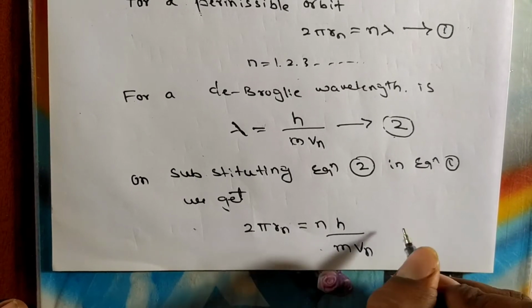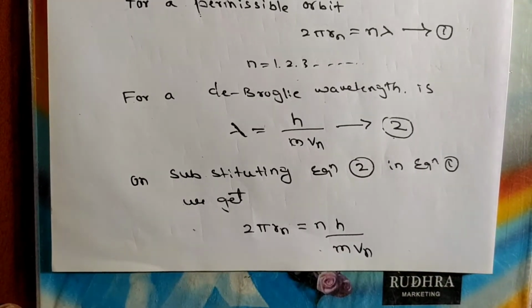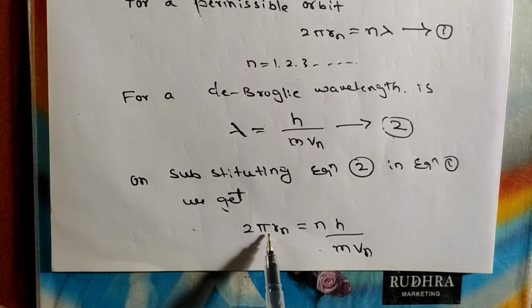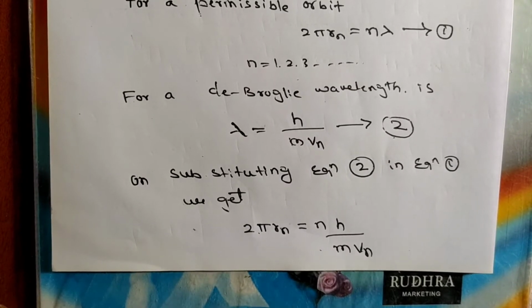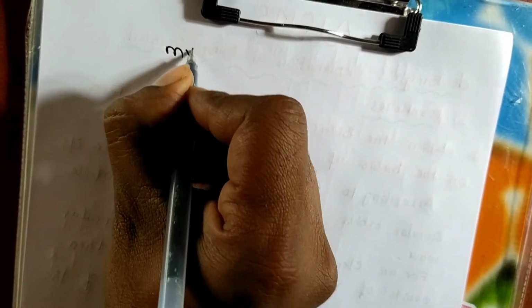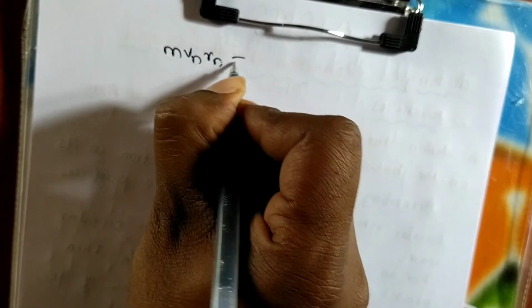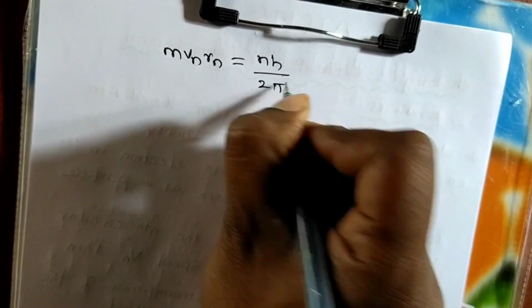Next you take this vn this side, mvn this side, and 2 pi rn on the RHS. After exchanging the two terms, we get mvn into rn is equal to nh divided by 2 pi.